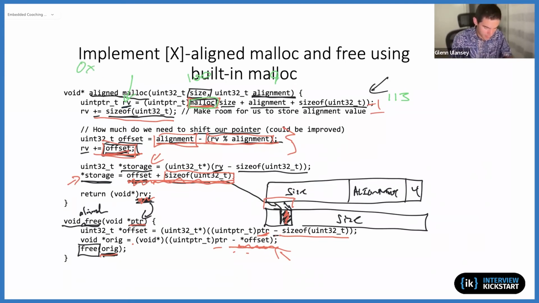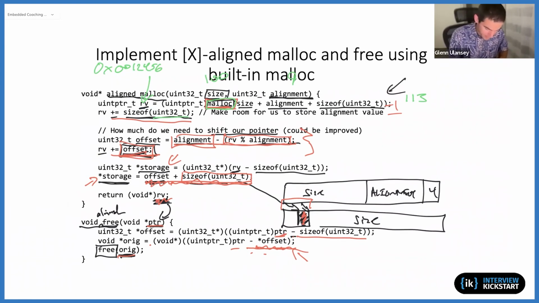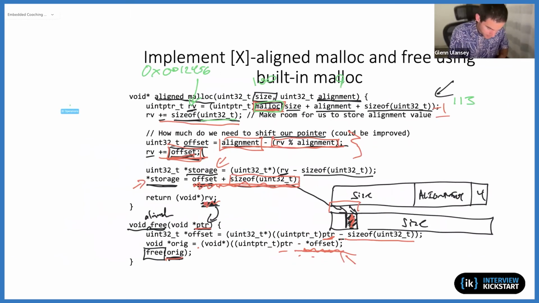Whatever it happens to be, we get some sort of address back. And then what we need to do is first increment this address by 4. Let me do it kind of to the side here, and let me use a smaller number.